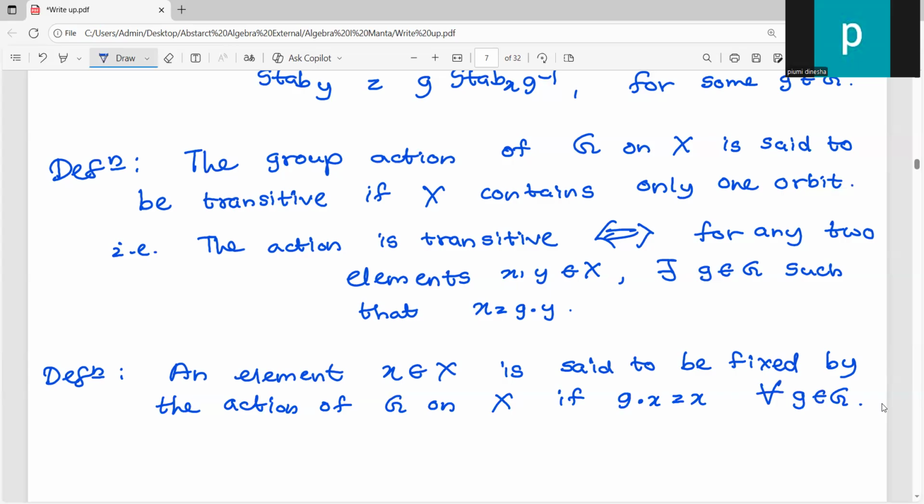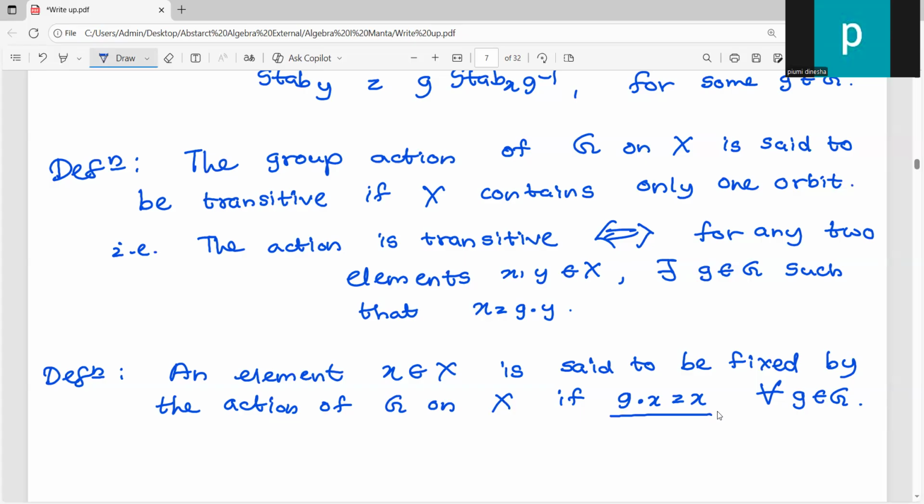Earlier, when we were defining the stabilizer, we considered all elements in G that fix X. That means there are some elements in the group that fix X. For example, the identity fixes every element: identity dot X will always equal X. If for some other G you also have G dot X equals X, we say that element of the group fixes X. But in this definition, an element is fixed by the action if this equation holds for every element you take from the group.